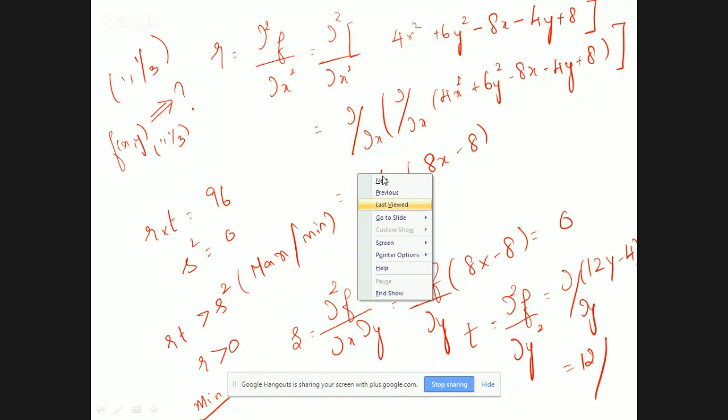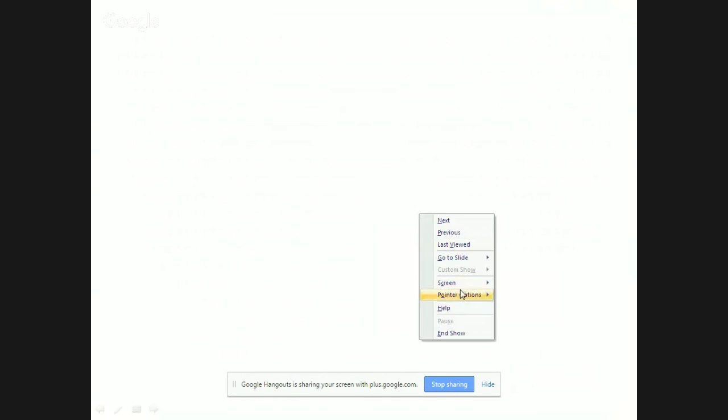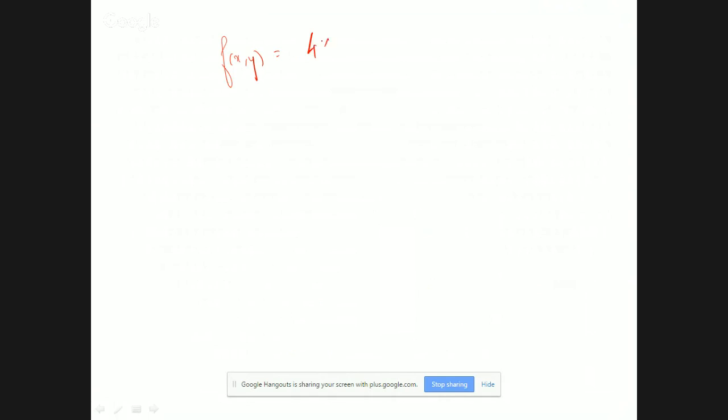Our f(x, y) was 4x² + 6y² − 8x − 4y + 8.